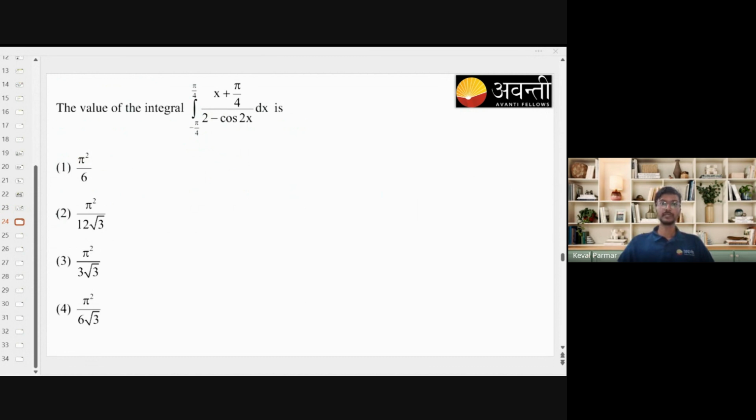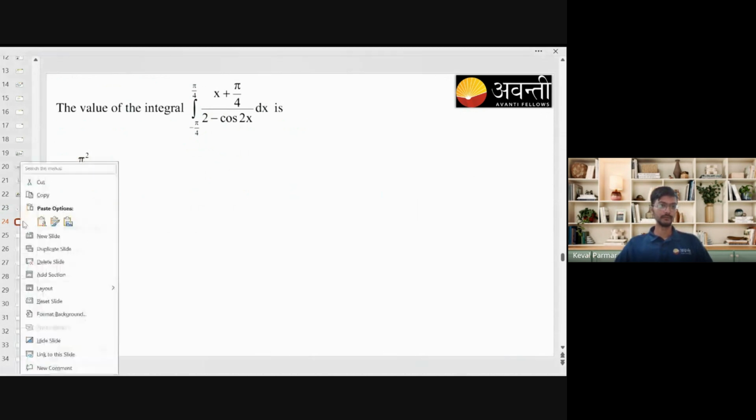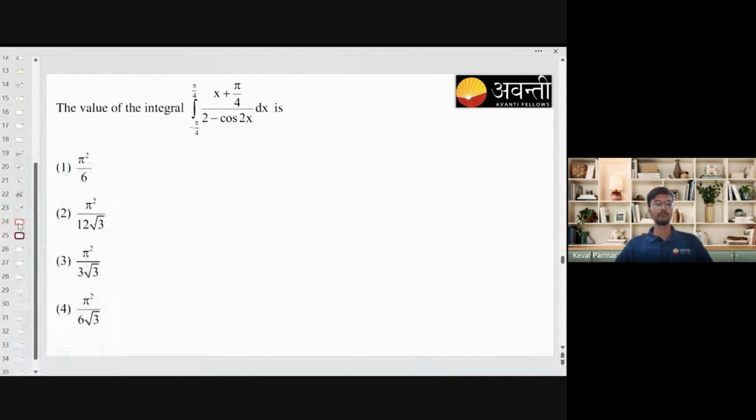What is the first step, guys? Our first step is basically to split the denominator. So 2 minus cos 2x, plus pi by 4 upon 2 minus cos 2x. Here it is the integration sign, here it is dx.